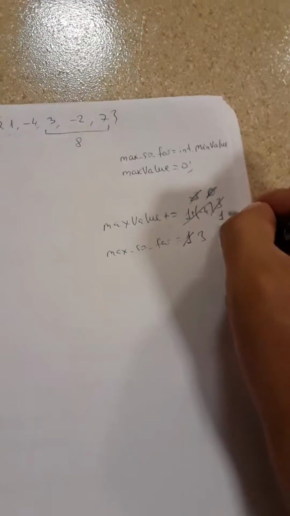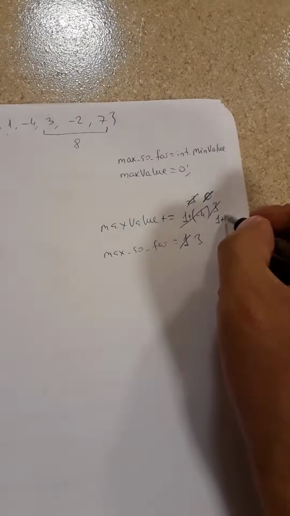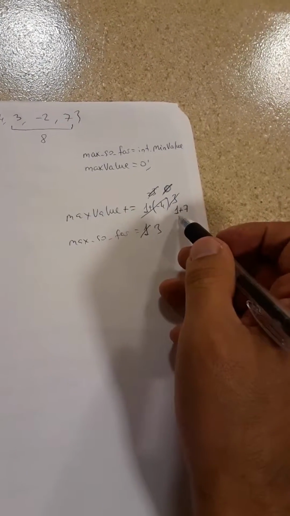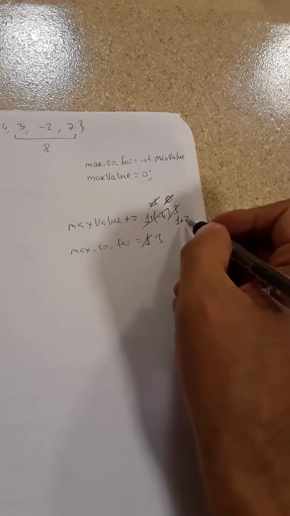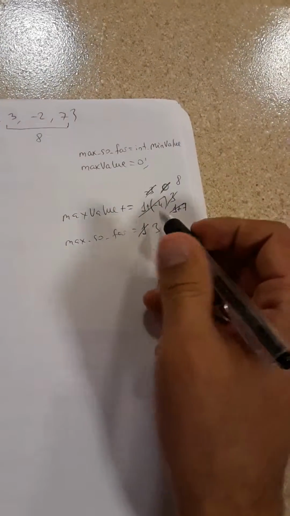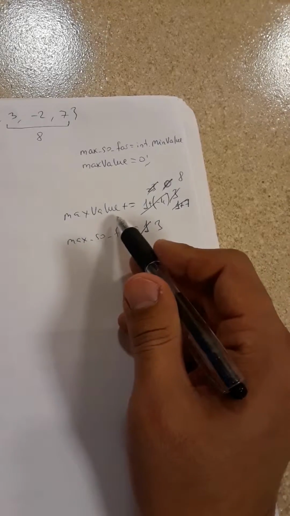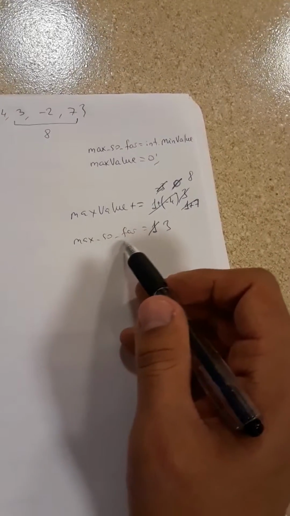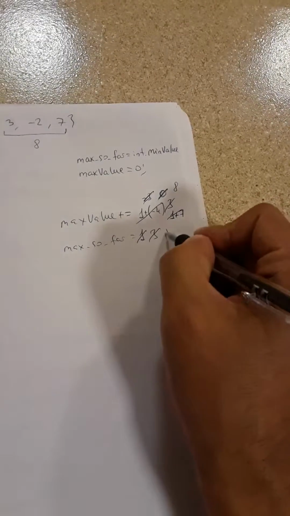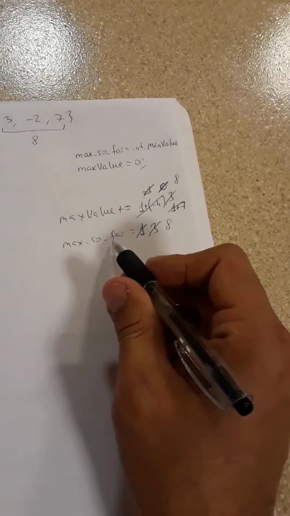It's 7, so we're incrementing our current value by 7, and we see that now our max value is equal to 8, and we're checking if our max value is greater than the max so far value, which is 3. Yes, it is, so we're assigning this 8 to max so far.